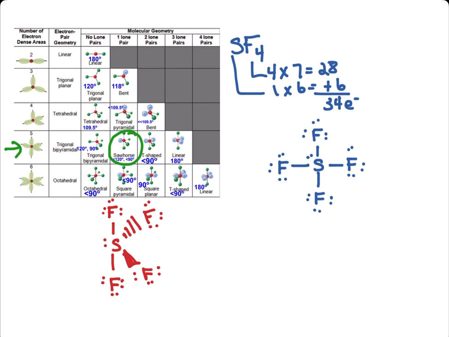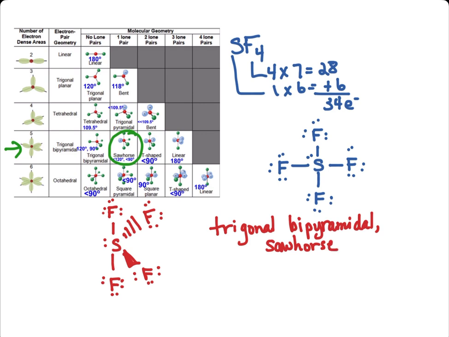The name of the geometry is trigonal bipyramidal, and it has the molecular geometry name of seesaw. And we have bond angles in this molecule that are less than 120 degrees and less than 90 degrees. So we need to show all of this information, the correct drawing, the name, the bond angles.